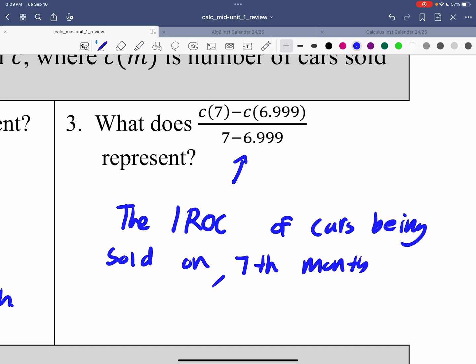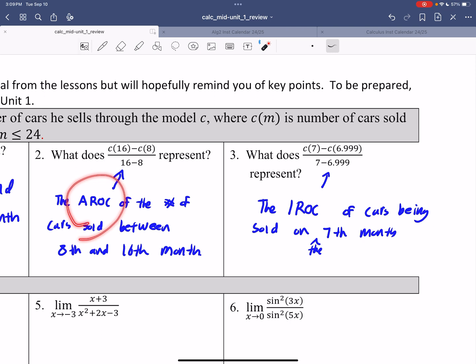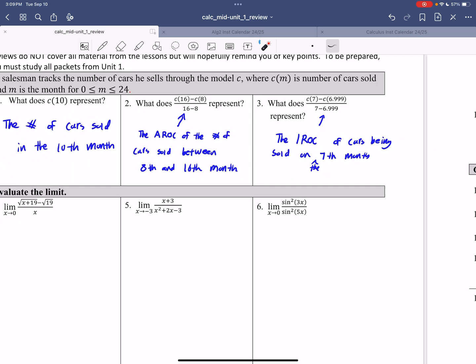I call the other one average rate of change because its numbers are between 8 and 16. But this one is instantaneous rate of change because you're trying to find the speed at which this dealer is selling cars at the 7th month. Okay.